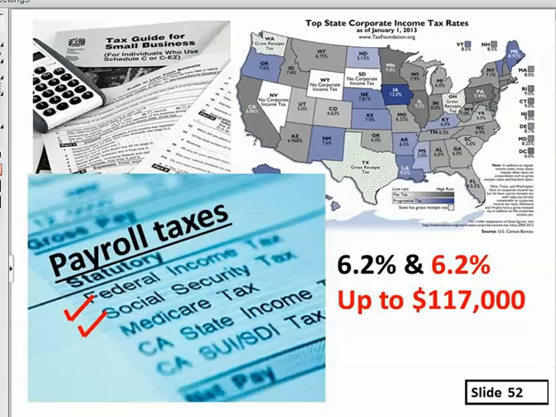Right now, every employee in the United States, no matter their level, management or whatever, has to pay into Social Security. They pay 6.2% of their income up to $117,000.